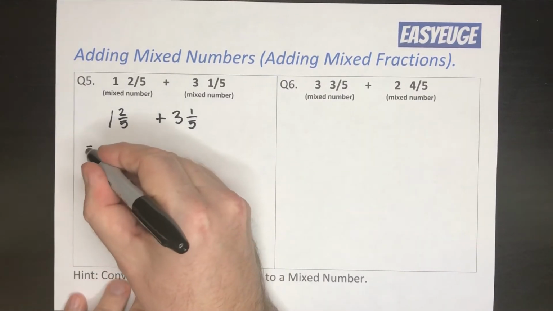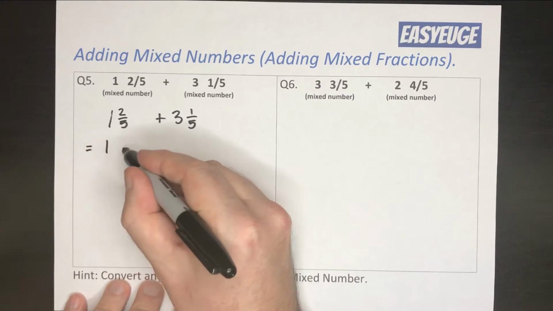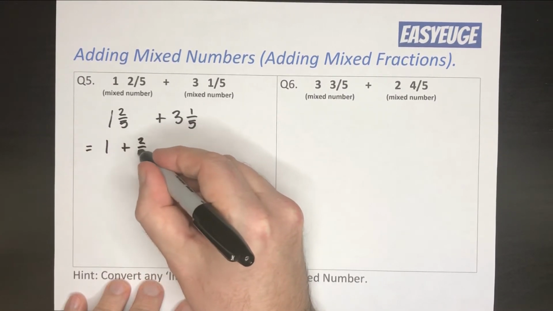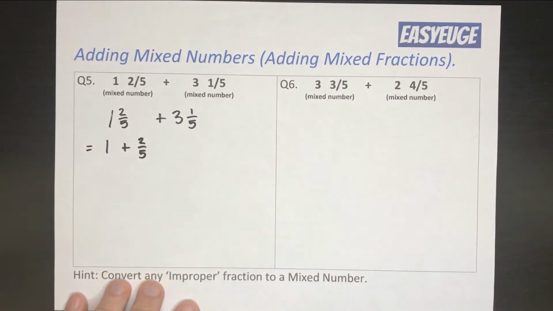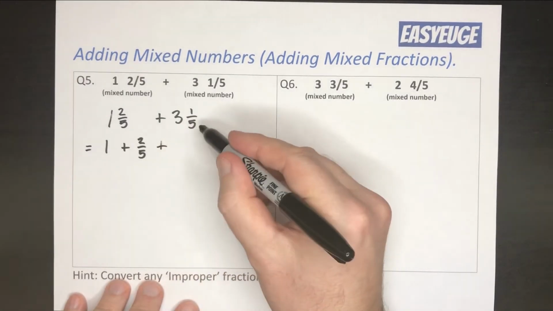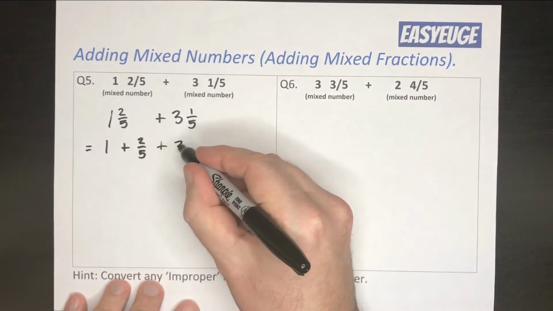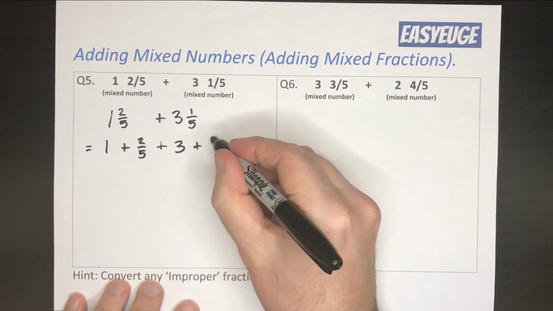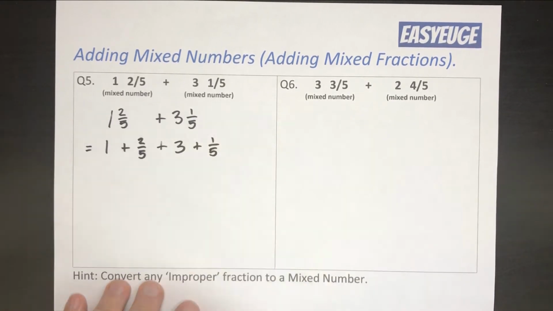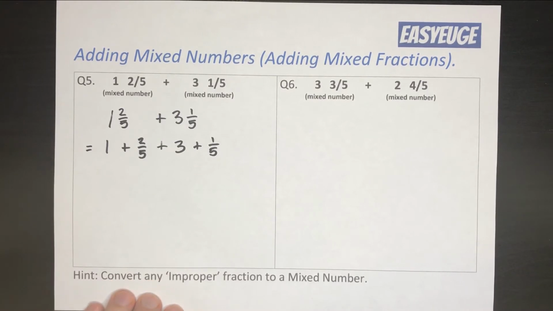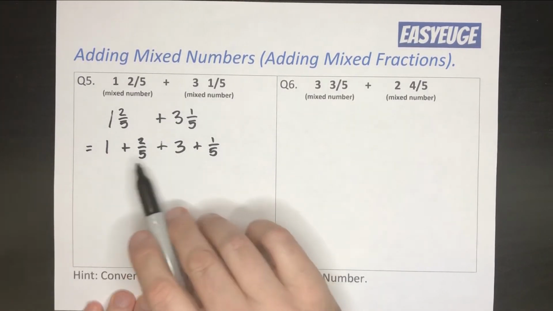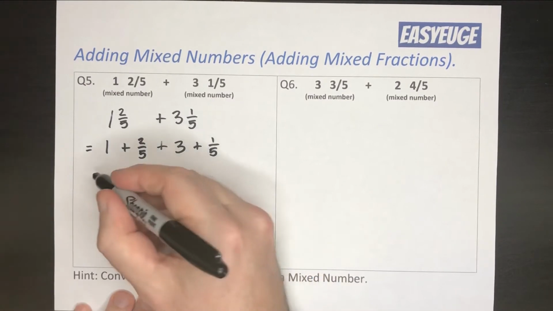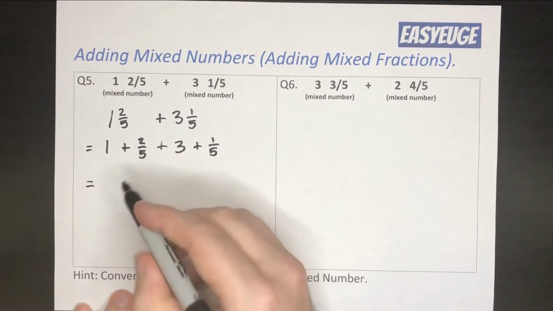So let's rewrite 1 and 2/5 as 1 plus 2/5. Okay, and then we'll add on 3 and 1/5. We'll add on the 3 and then add on the 1/5. So can we add all of this up together? Let's start by adding the whole numbers 1 and 3. So 1 and 3 is 4.